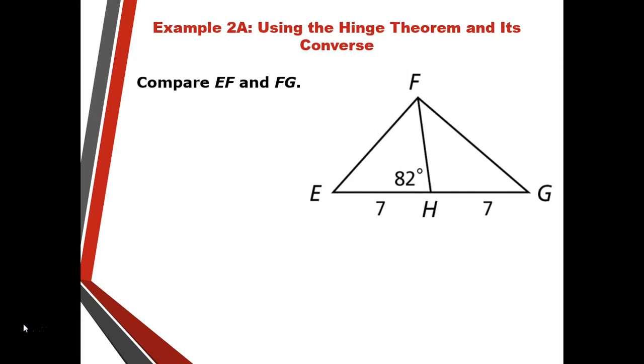Okay, now we're going to be using the converse of the hinge theorem and comparing sides of our triangles. Okay, so let's look at it this way. Let's first find the measure of this angle over here. So EG, that's a straight angle.